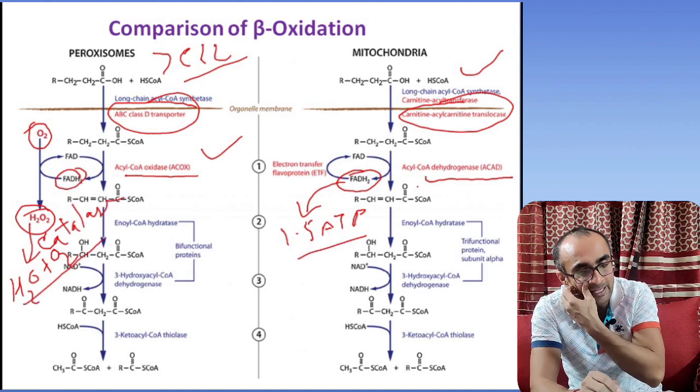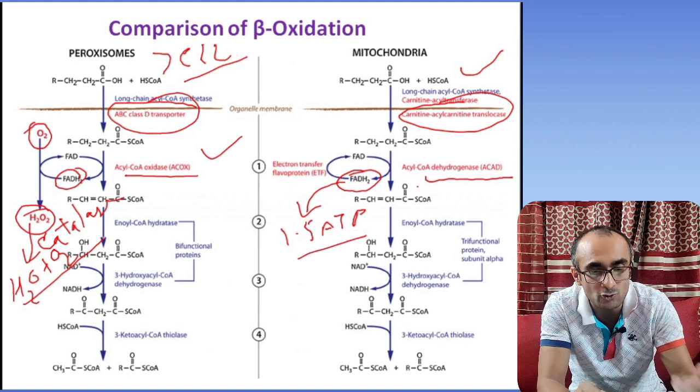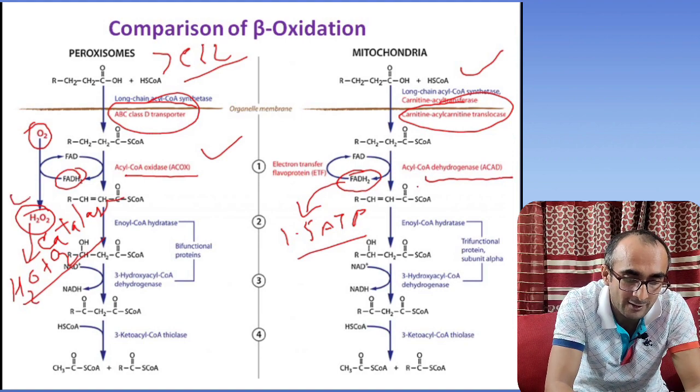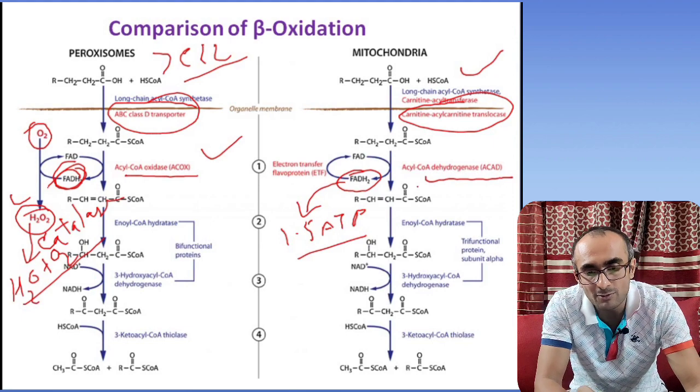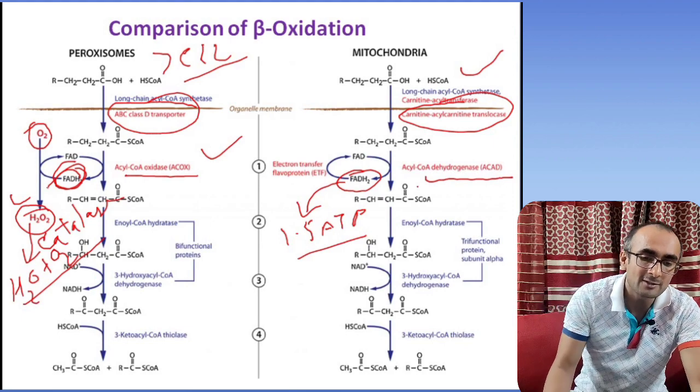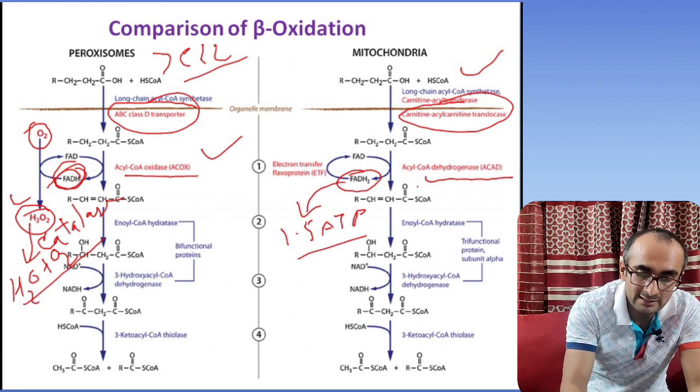That's why the name peroxisome is derived from this reaction, because hydrogen peroxide is formed from oxygen by extracting protons from FADH2. So the environment in peroxisome is very much oxidizing, and this is the third difference.